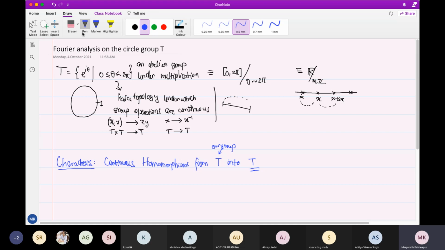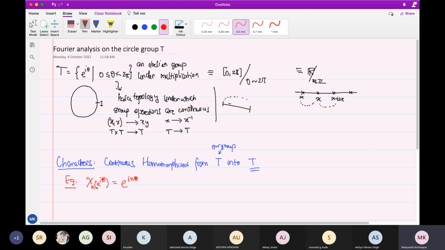So what are the characters? That's the question. So, example. If I define chi n of e to the i theta to be e to the i n theta.